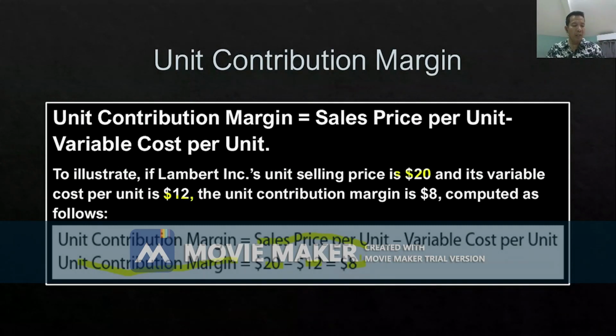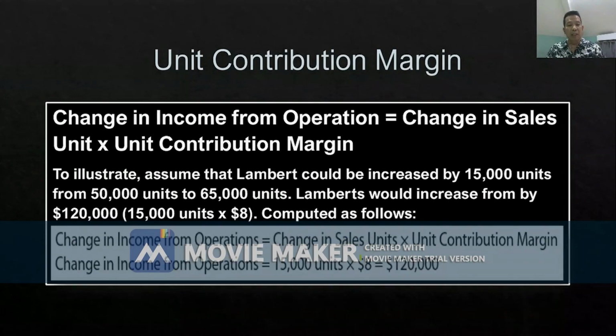The unit contribution margin is most useful when the increase or decrease in sales volume is measured in sales unit quantities. In this case, the change in sales volume units multiplied by the unit contribution margin equals the change in income from operation, computed in this slide. Change in income from operation equals the change in sales units multiplied by the unit contribution margin.